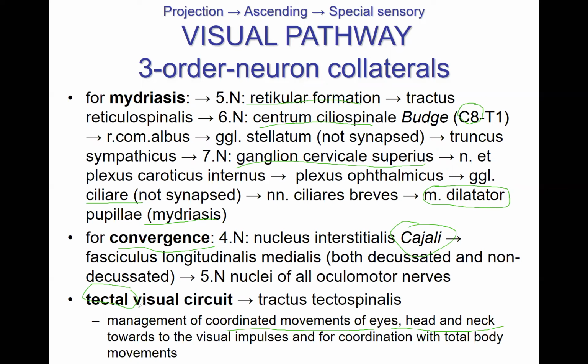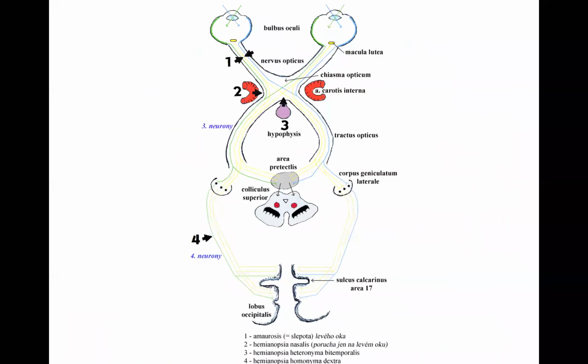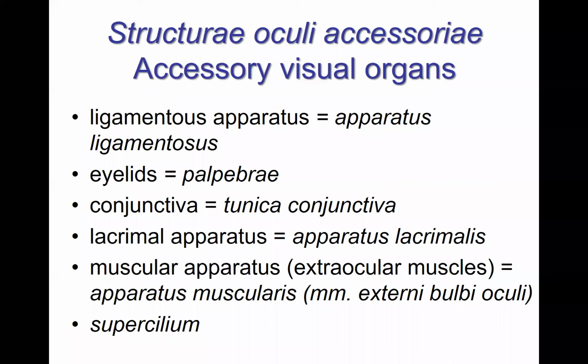I think we have talked about these already in CNS, so it's just a revision. And we can continue to accessory visual organs. That means outside the eyeball. So if you have questions about the eyeball, you can ask. If not, we are going to talk about these accessory visual organs.